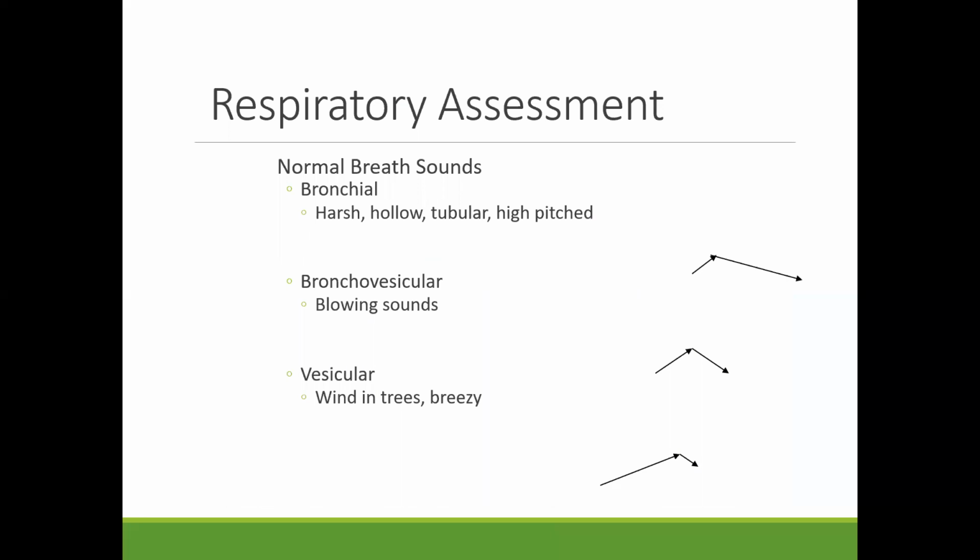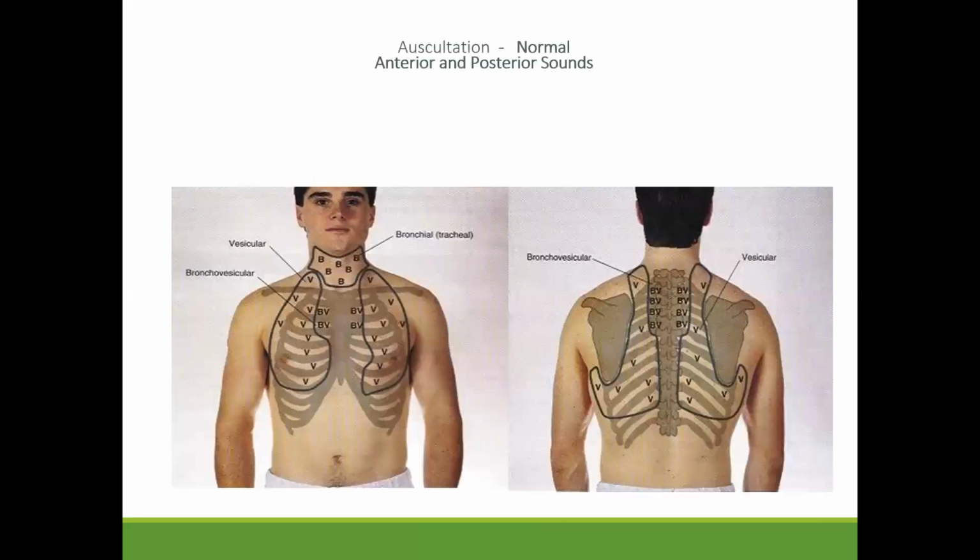Normal breath sounds. You need to know what normal breath sounds are: your bronchial, bronchovesicular, and vesicular. As far as what they sound like, you have to know where they're coming from and why they sound the way they do. Your bronchial is in the trachea.